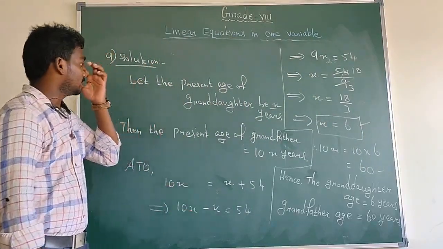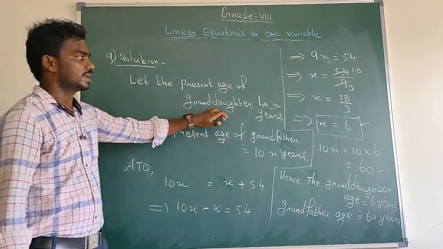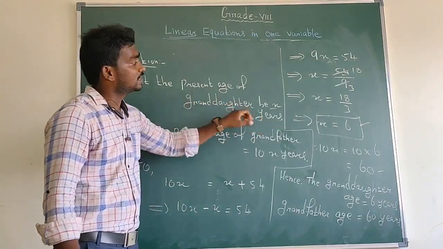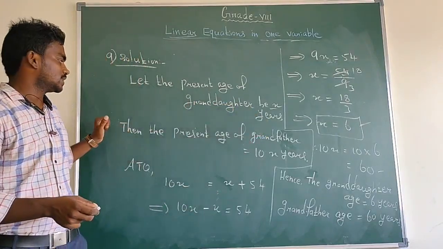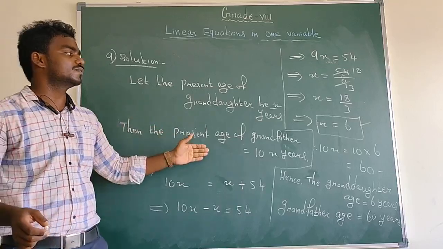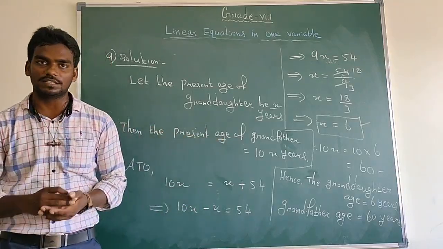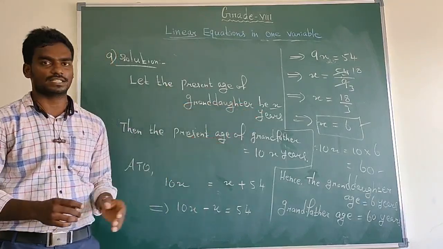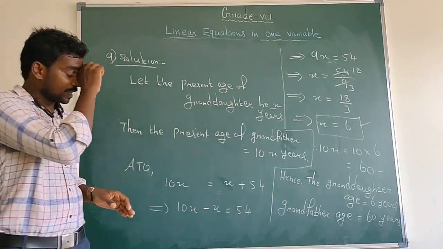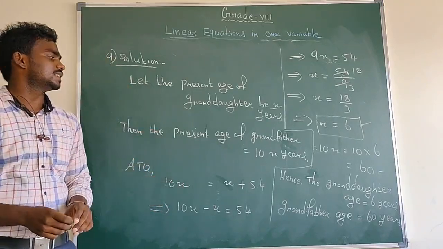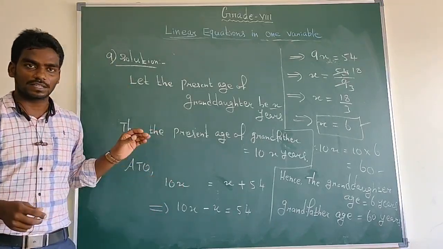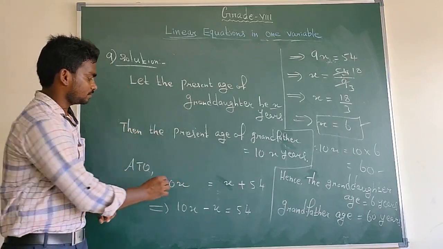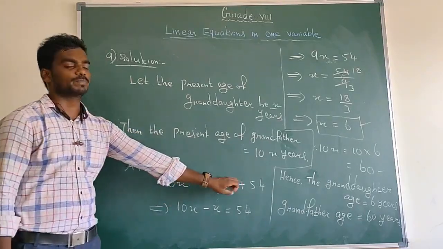So once again we recall. Let the age of the granddaughter be x years. The condition in your question is that the grandfather's age is 10 times the granddaughter's. So if the granddaughter's age is x years, the grandfather's age is 10x years. According to the question, the grandfather is also 54 years older than the granddaughter. So 10x is equal to x plus 54.